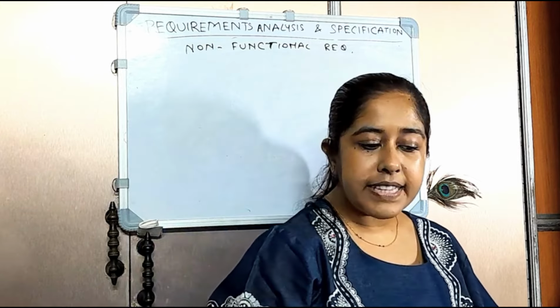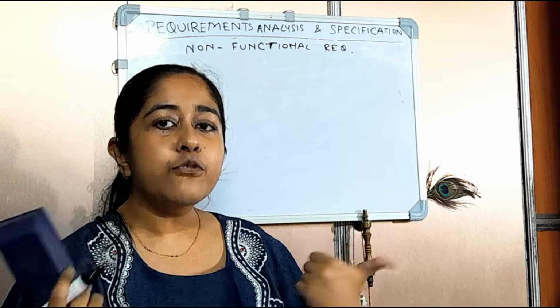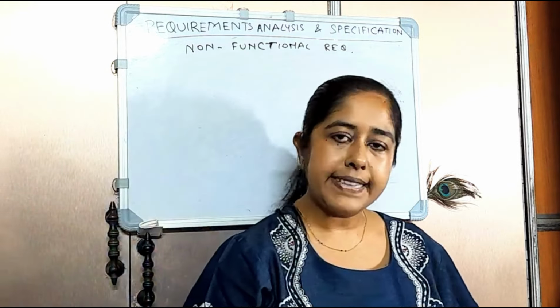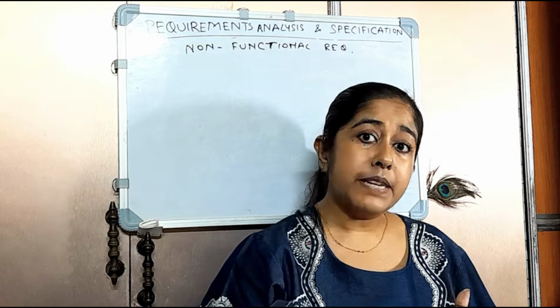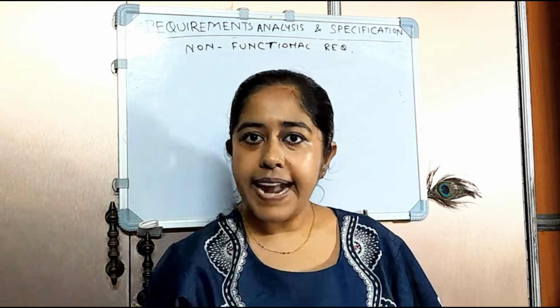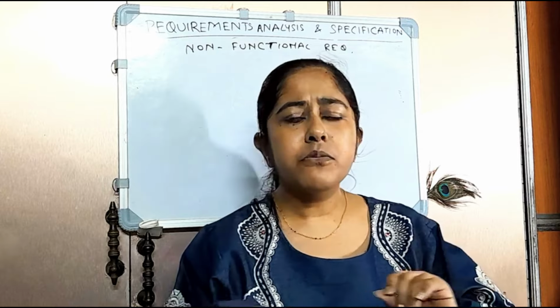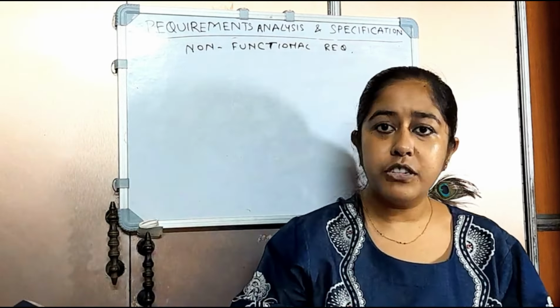If I am showing you how my system is working, that is the function of my system. But when I cannot express something, such as how I am going to maintain my system, that is non-functional. That is not regarded as your function. What is the function of your system? That is a functional requirement.